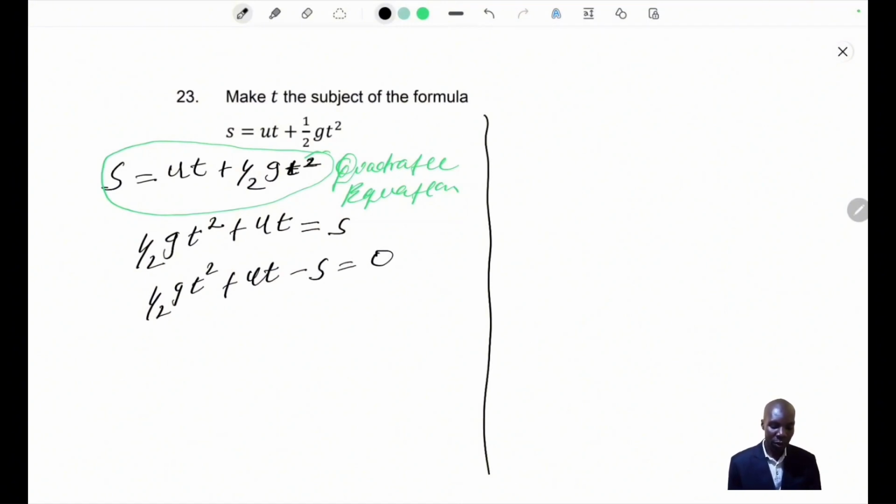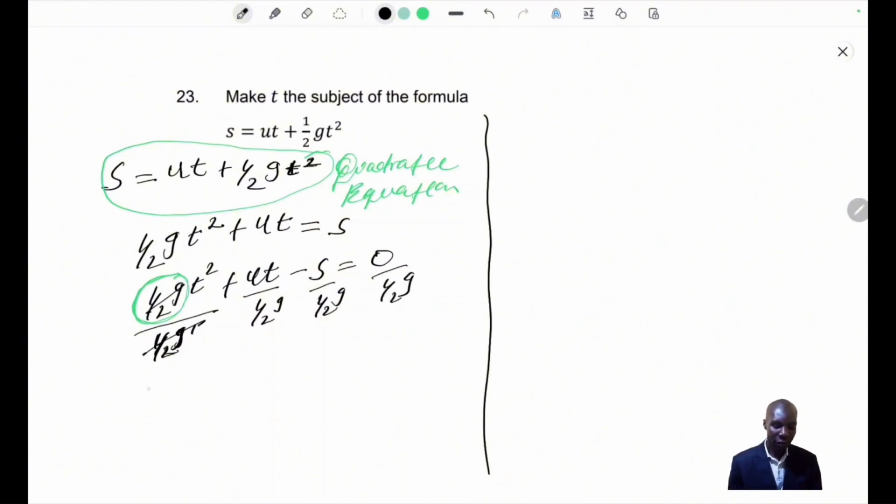Then at this stage, what we can do is divide everything by the coefficient of t squared. So we'll divide everything by a half g.